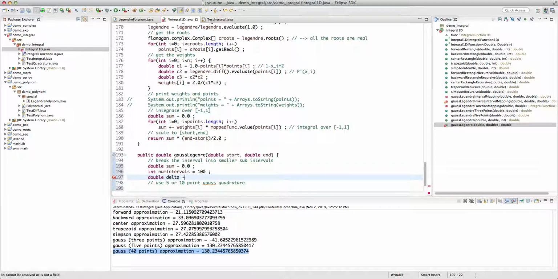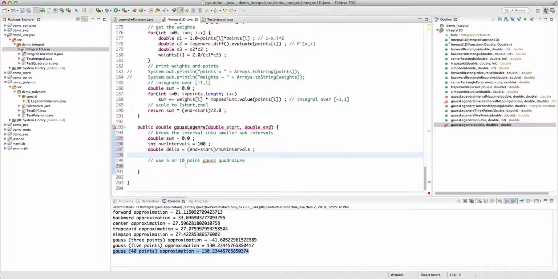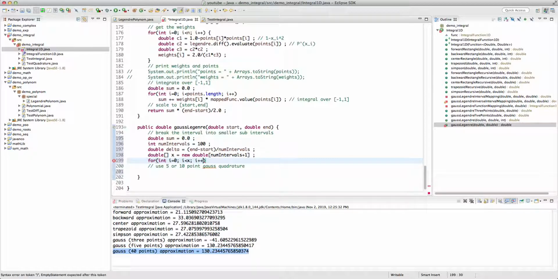Double delta, which is end minus start divided by numIntervals. Okay, and then in each sub interval, I'm going to create double x, which is a new double of numIntervals plus 1, and then for int i equals 0, i less than x, i plus plus.